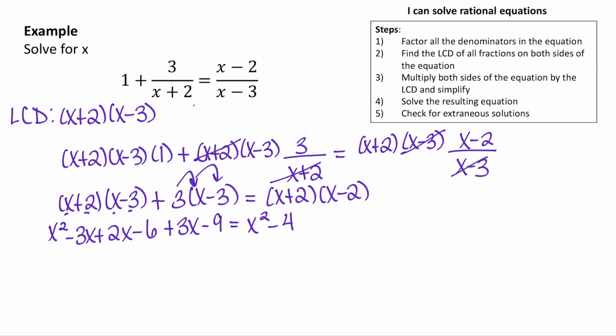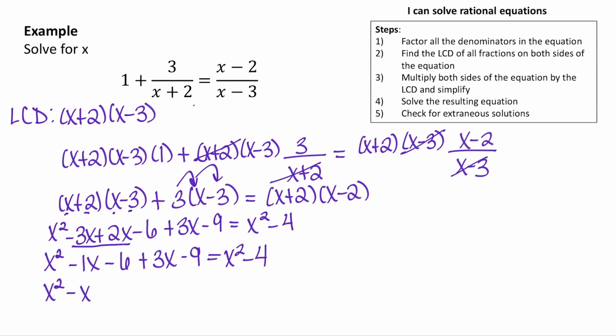So now let's go ahead and collect our terms. So we have x squared minus 3x plus 2x is going to be minus 1x. Minus 6 plus 3x minus 9 equals x squared minus 4. And let's see, we have an x squared minus x. And then I'm going to move this plus 3x over here. And then we have a minus 6 minus 9 equals x squared minus 4.